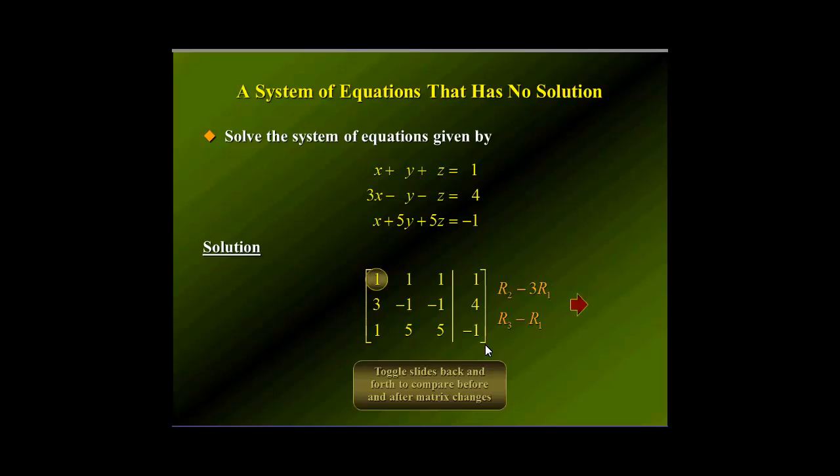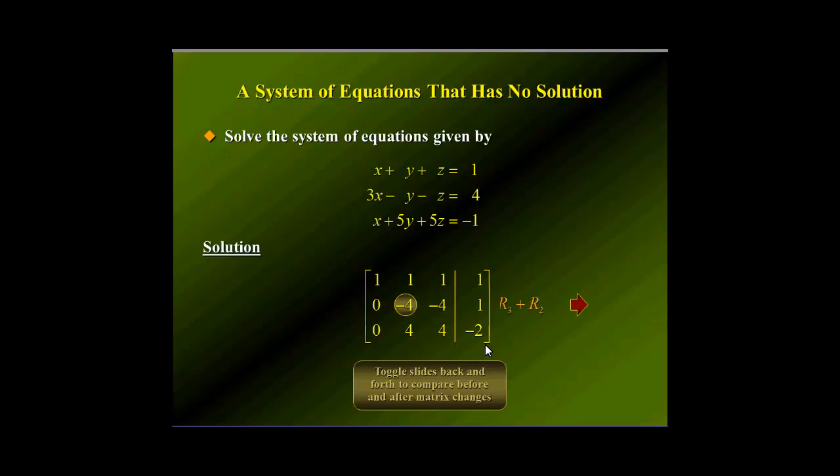With the help of row operations, row 2 minus 3r1 and row 3 minus r1, those will be 0. Our next aim is to remove minus 4 and in place of minus 4 I want 1.